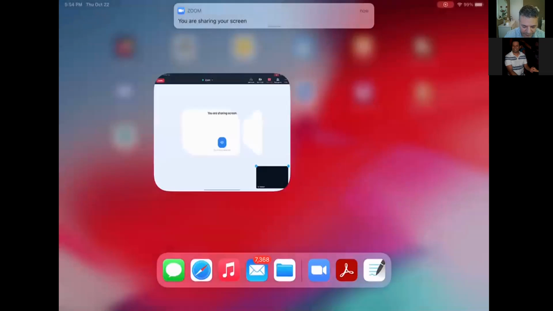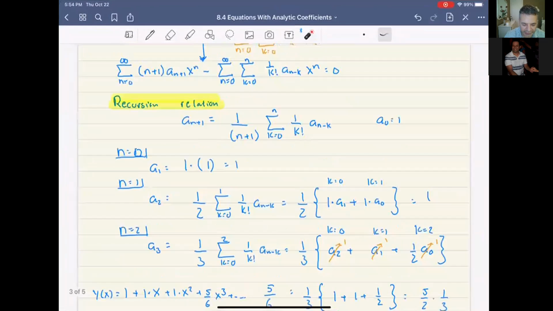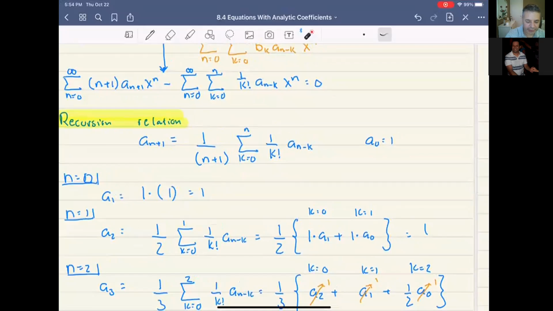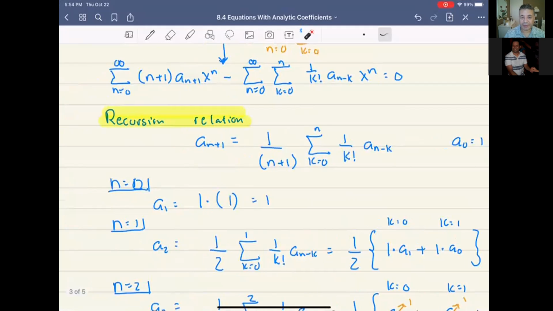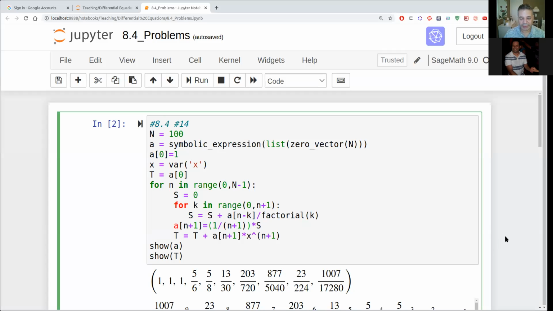I know you get dizzy. Okay, so the recursion relation was here. It was 1 over n plus 1 times this sum, right? That was the recursion relation. Okay, so going back over here.